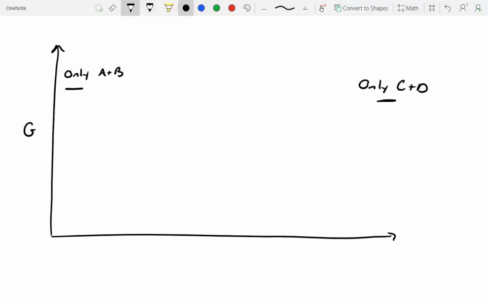Instead, it's going to want to drop in energy. Once it hits this equilibrium point, you actually hit this well of energy. Then once you start climbing up towards the C plus D side where you lose all of your A plus B, you go out of equilibrium. So equilibrium occurs at this point.